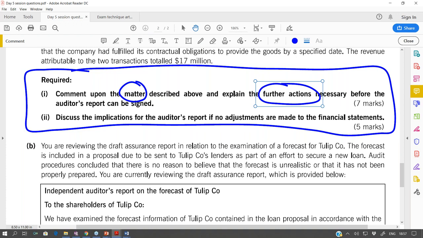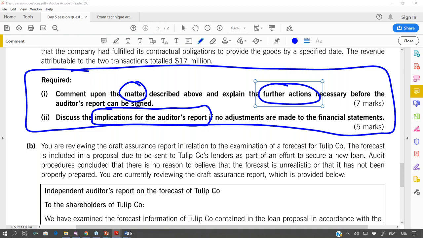Next, discuss the implication for the audit report if no adjustments are made to the financial statement. So the examiner is asking us to discuss the implication for the audit report. So in total how many marks do we have? 12. How many things is the examiner asking us? 3. And are you very sure of the marks? 7 and 5.